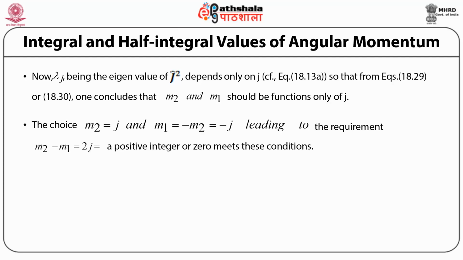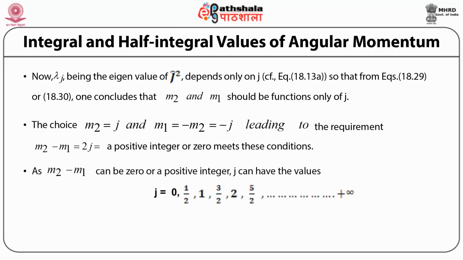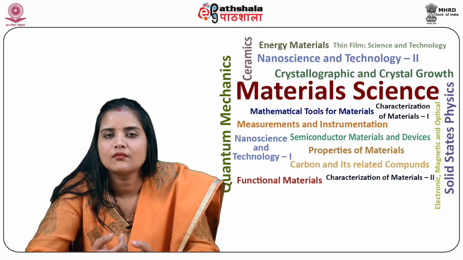The choice m2 is equal to j and m1 is equal to minus m2, which is equal to minus j, leading to the requirement that m2 minus m1 is equal to 2 times j, a positive integer or 0, meets these conditions. As m2 minus m1 can be 0 or a positive integer, j can have the values ranging from 0, 1 by 2, 1, 3 by 2, 2, 5 by 2 and so on till infinity.